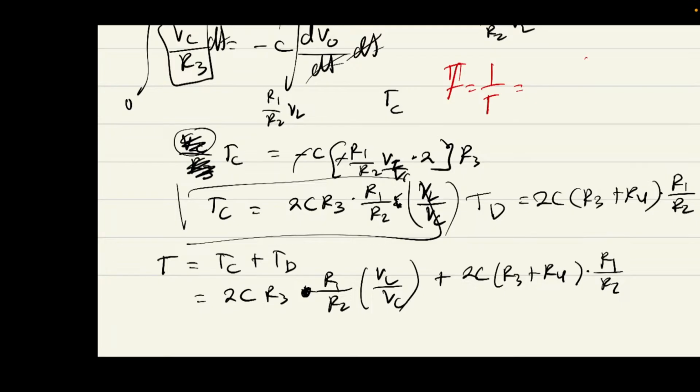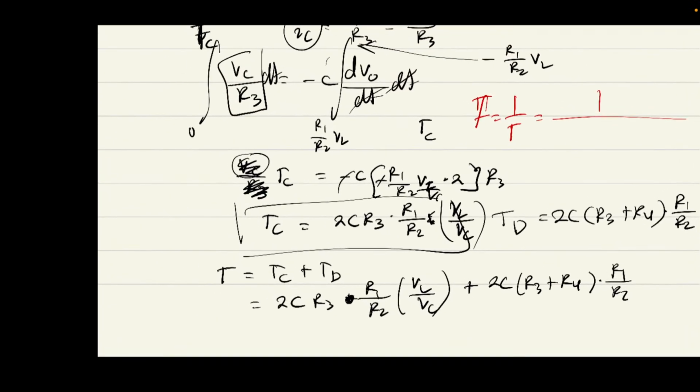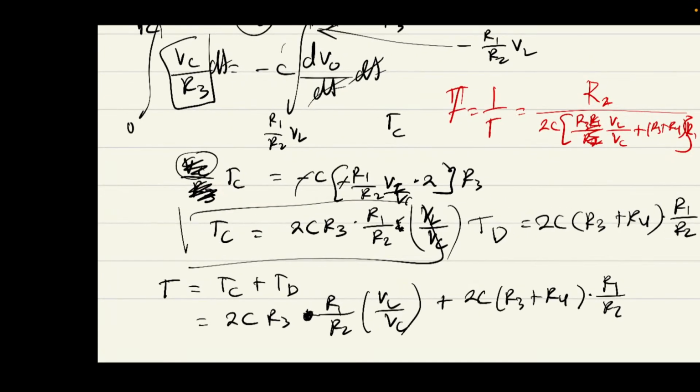Frequency is 1 over T, which is going to be 1 over 2C times R3 R1 on R2 VL on VC plus R3 plus R4 times R1 on R2. So we can just factor that out. And this is going to be R2 on R1, like that. Okay. It was a bit messy, but does that make sense?